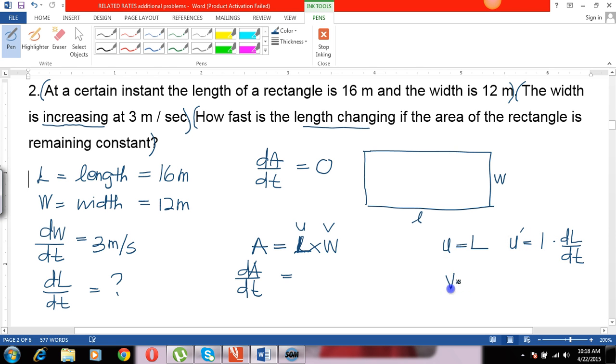Then V equal to W and V prime equal to 1 times dW over dt. Okay, so for U times V, your formula for the product rule is U prime V plus U V prime, right?